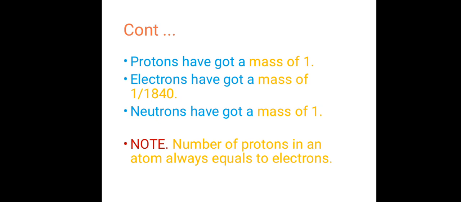Electrons have a mass of 1 over 1840, while the neutrons have the same mass as protons, that is also 1. So we have a note that the number of protons in an atom must be equal to the number of electrons.